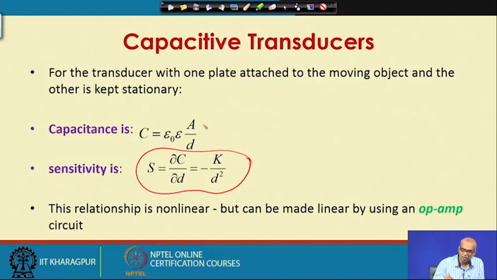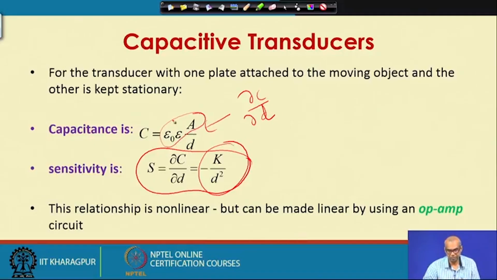If you take del C del D, you will get minus k by d square, where minus k incorporates all these parameters. Please note that the sensitivity relationship is nonlinear with distance.